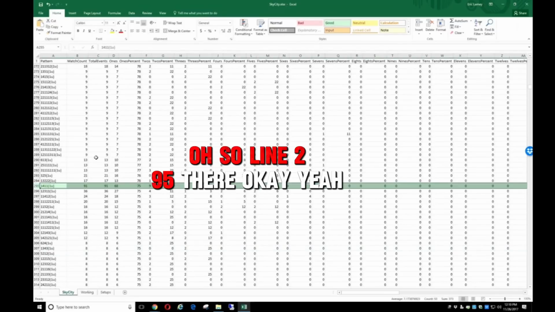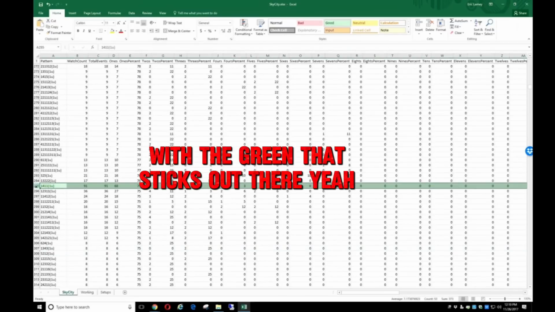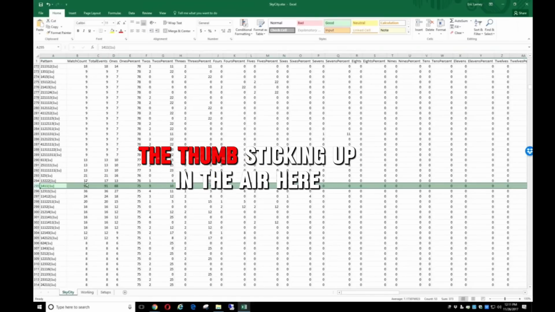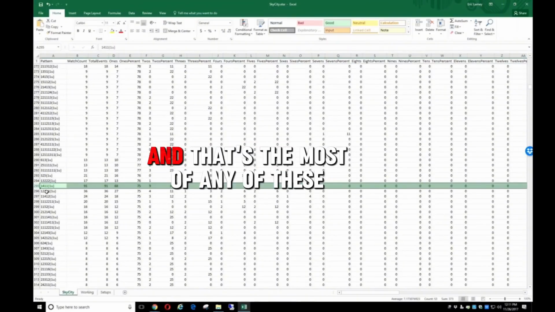So line 295 there. Okay, yeah, that's with the green that sticks out there. Yeah, exactly. That's what I'm looking for, the thumb sticking up in the air here. So we've got 1411 occurred 91 times, and that's the most of any of these upper ones.